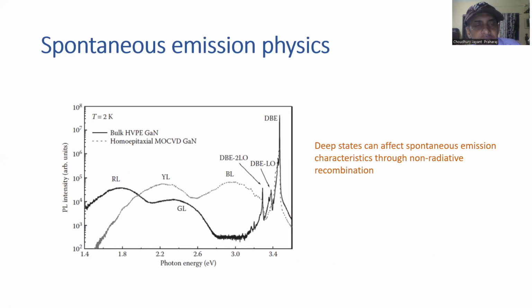We have some more spontaneous emission physics, and these are photoluminescence efficiencies in various kinds of materials, and we have different kinds of grown gallium nitride, and similar kind of things can be seen for the alloy systems. And we have the photoluminescence band coming from above band gap transitions, but we also have these defect-caused transitions that can be due to deep states or due to acceptor and donor impurities.